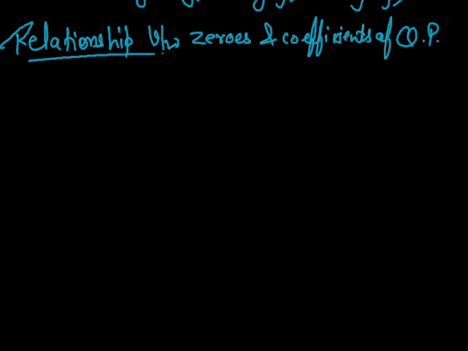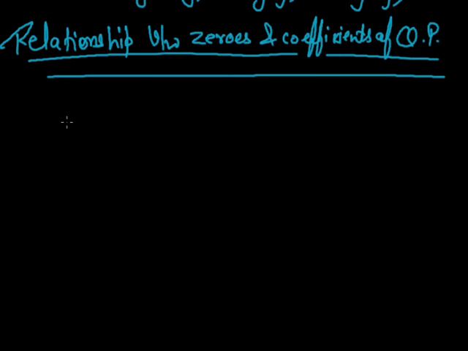As we have studied so far, a quadratic polynomial p(x) is given as ax square plus bx plus c, and we have two zeros of it, that is alpha and beta. Now we have to establish a relationship between alpha, beta and a, b, c, that are the coefficients of the quadratic polynomial.